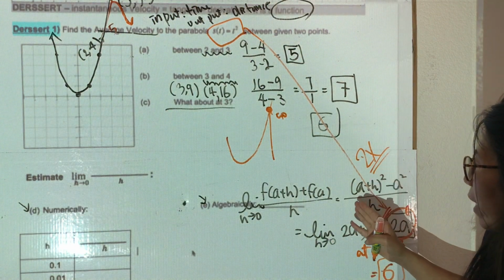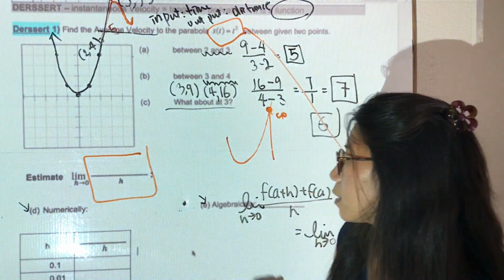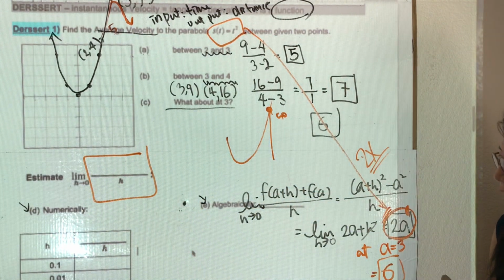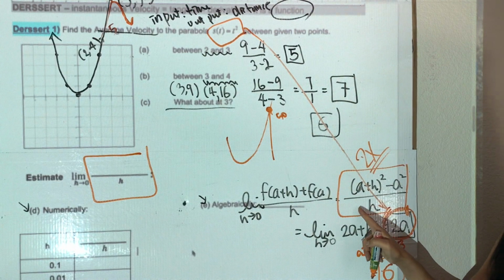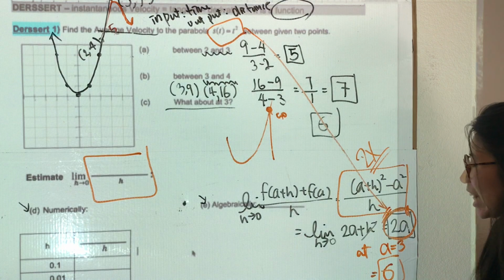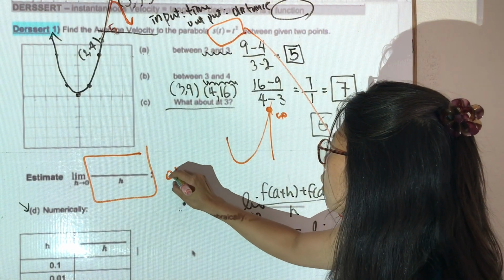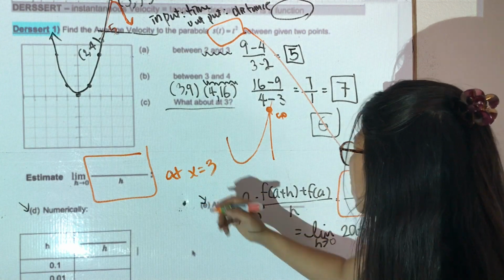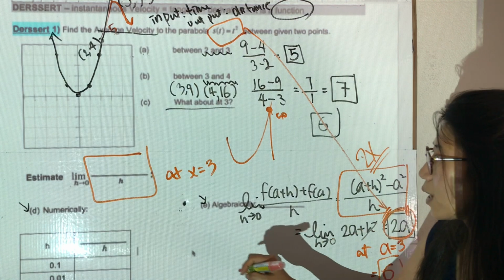Okay, so now I got this one. And what should I write? What am I estimating? That's confusing, right? So coming from right here, I have my rate of change of a function using t squared. Where at? I'm looking at x value is 3. So I can rewrite all the x or a value as 3.